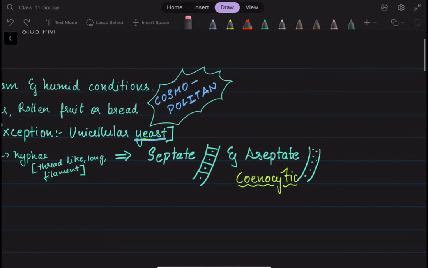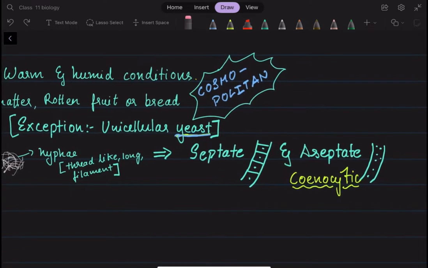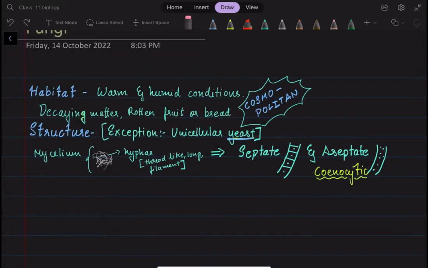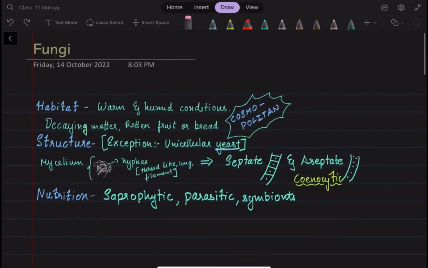In aseptate, there is no septum separating the nuclei, and hence it is called coenocytic. Next is septate. There are compartments between all the nuclei, and that's why it looks like there are individual cells.